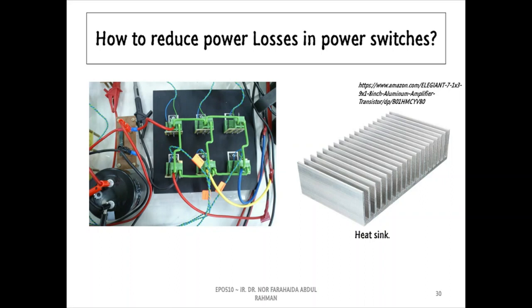As you know, power losses can affect negatively the operation of any power switches. Thus, to ensure reliability and efficiency, we need to use appropriate heat removal mechanisms such as heat sinks.